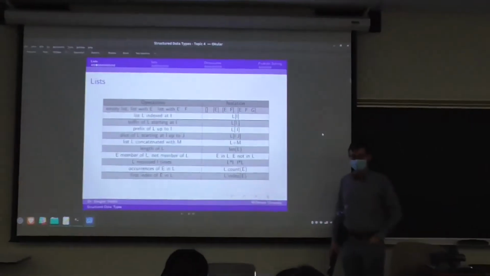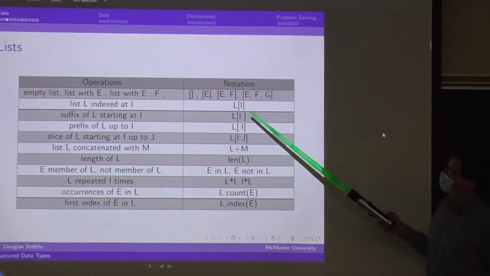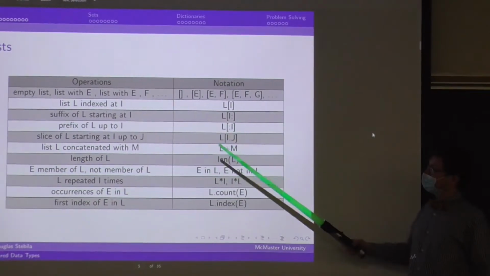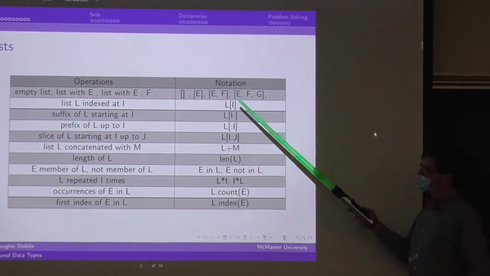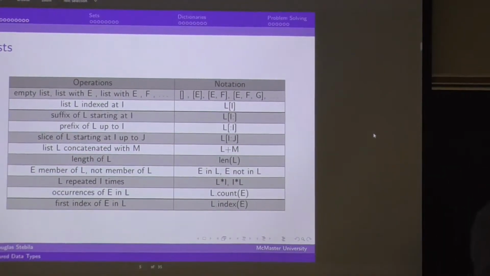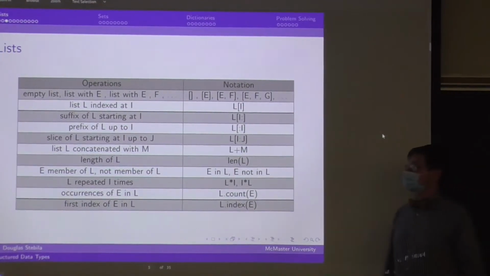So, this is how you work with a list. Empty lists are denoted by empty square braces. You create a list by having a comma-separated list of items delimited by the same square braces.